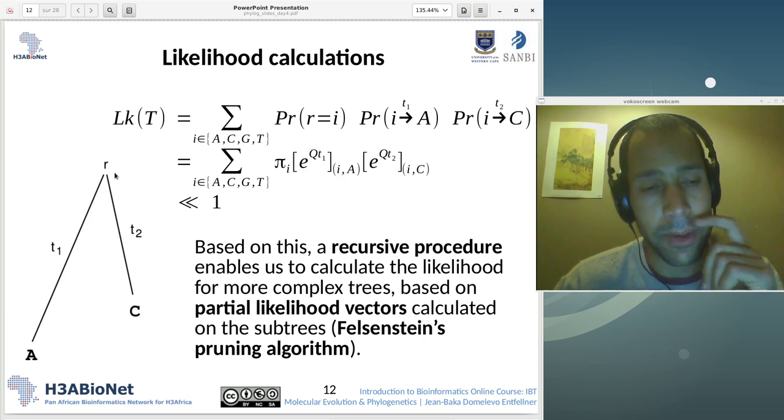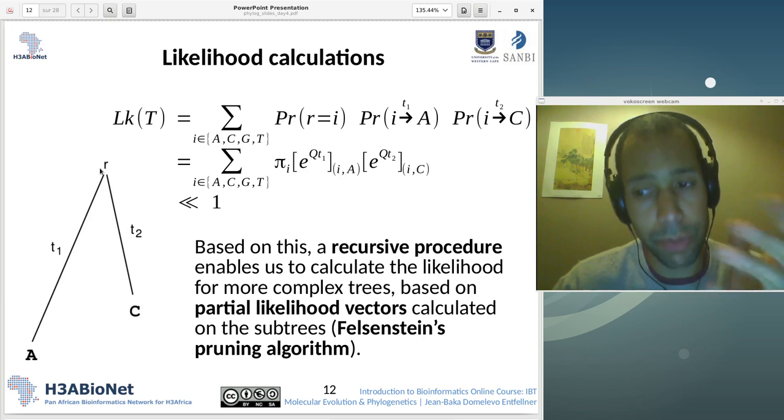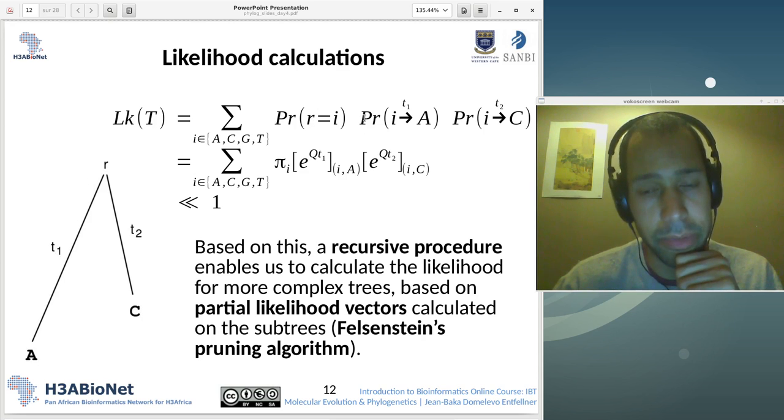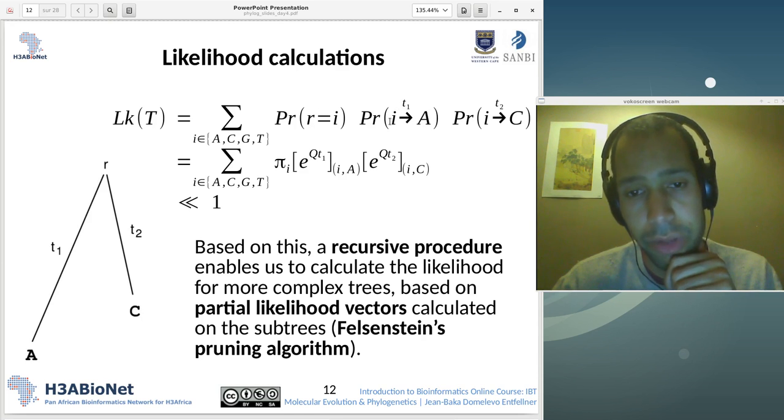Okay? So let's suppose that we have a character that is called I here on the root. Then this character I must evolve into A over a time t1. So the probability for I to transform into A, or to evolve into A, over a time t1.